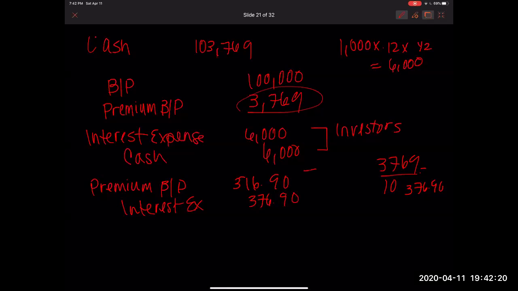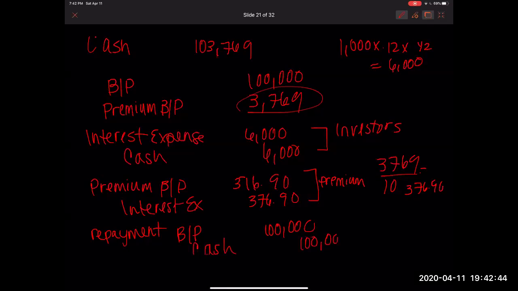Okay, and this is the premium amortized. All right, and then last but not least, what we need to capture is the repayment of the bond. To capture that, we're going to do a debit to bonds payable in the amount of $100,000, and then our credit is going to be to cash, $100,000.